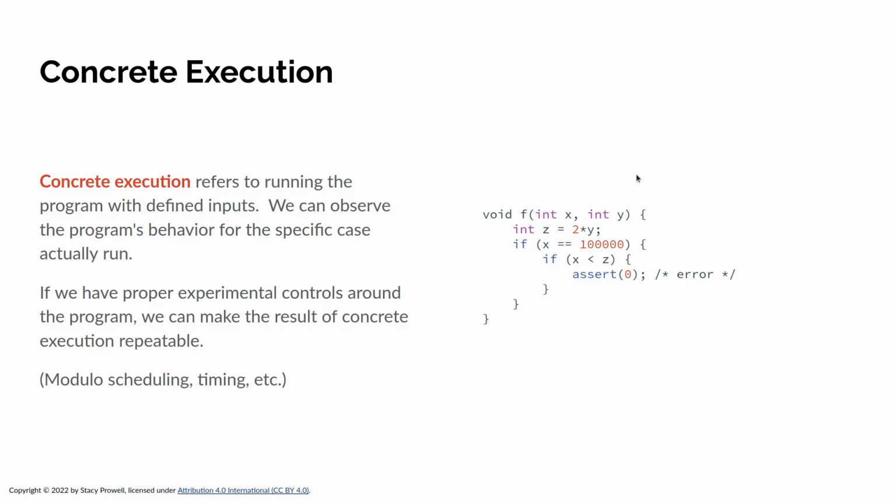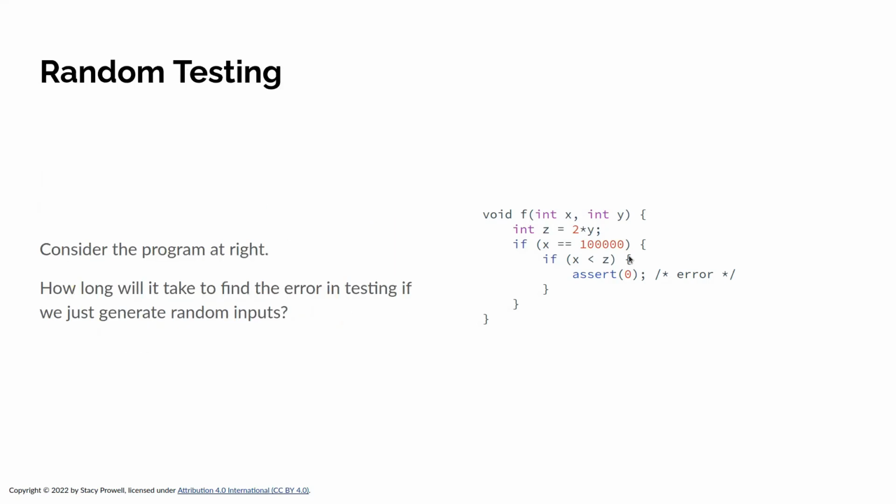So over here on the side, I got a little program, and we'll take a look at this in just a moment. So how long would it take to find the error in this program? And the role of the error is being played by this assertion right here, assert 0. I assume, perhaps incorrectly, that people use assertions in your C code.